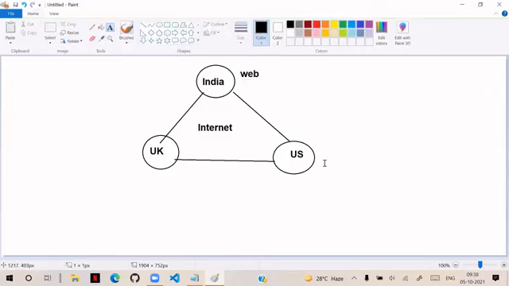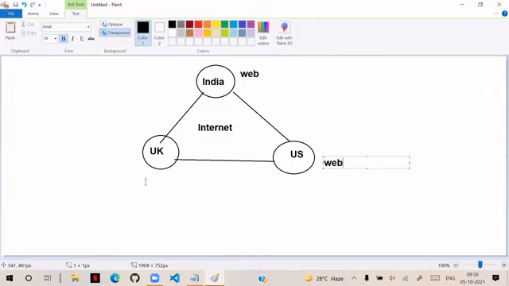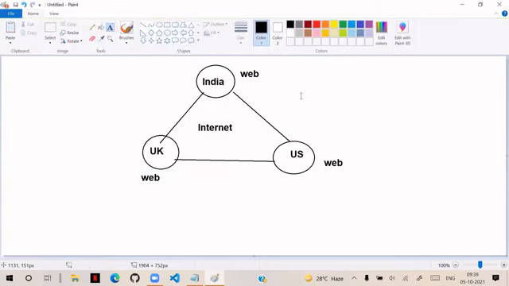US has its own web, and UK has its own web. That means every country has its own web. Usually that web will be under the control of that government. I will give you a best example. You have YouTube.